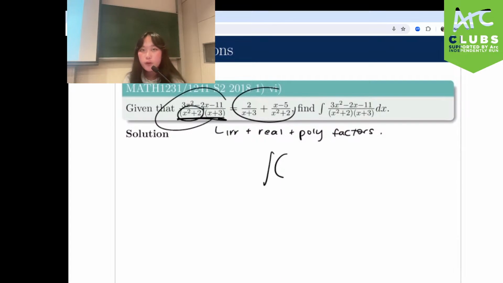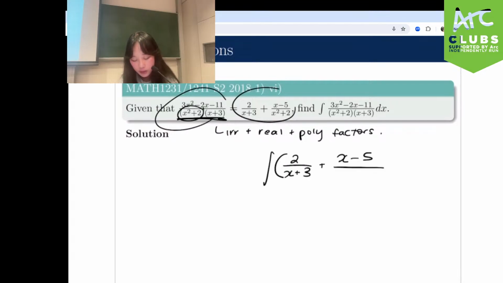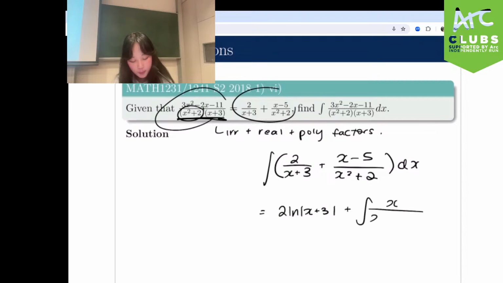The whole goal of partial fractions is to turn one big fraction into simpler fractions. So they've given this to us, so I can just apply it, and this will make integrating a whole lot easier for me. So the first thing is just a log. What is the second thing? The second thing is this. I'm going to split it up.